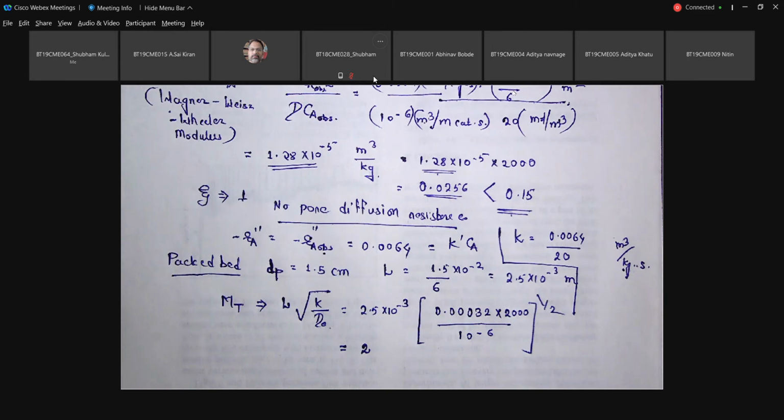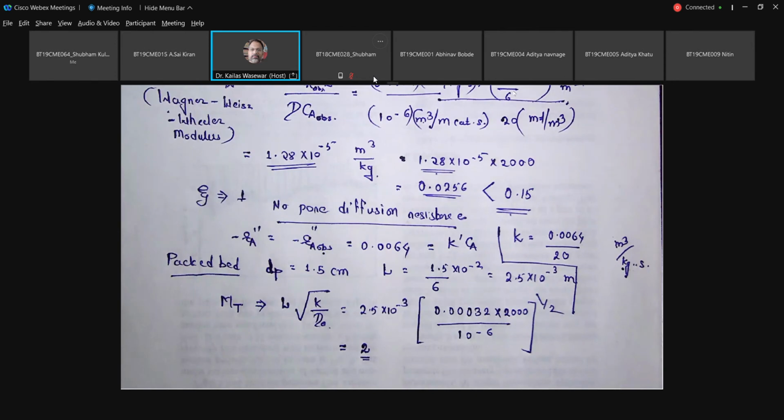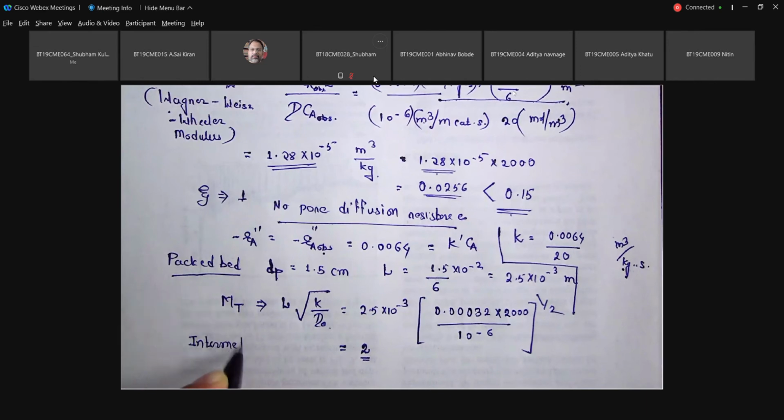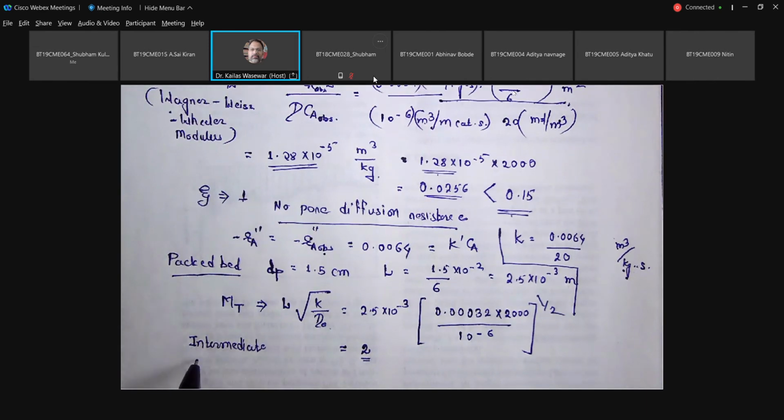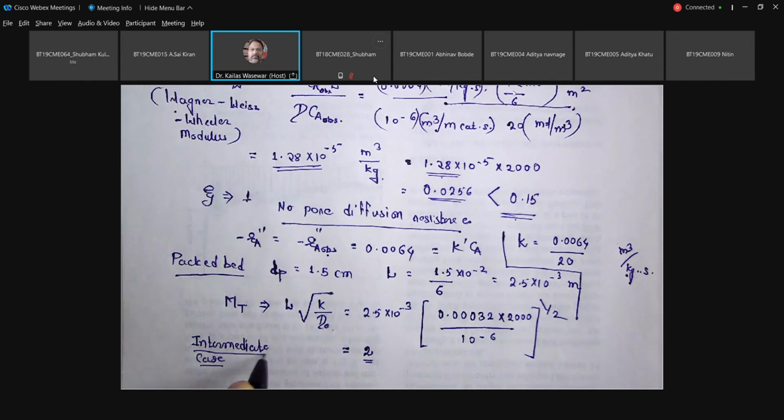Is it exactly coming to 2, or something else? This value. If it is coming to 2, that means what? It is not in the case of strong pore resistance, not in the diffusion-free regime.